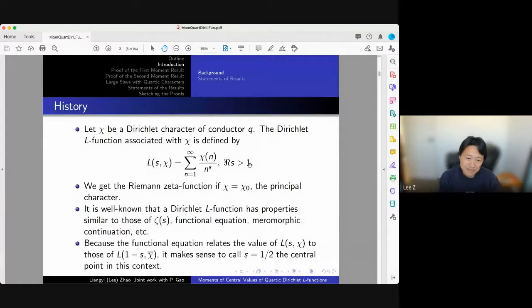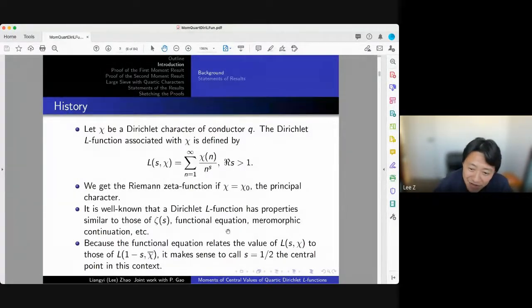This functional equation, I'm not going to write it down. You'll see some version of it later. What this functional equation does is relate the value of L(s, chi) to those of L(1 - s, chi bar). Chi bar is the complex conjugate of chi, and 1 - s is, well, 1 - s.